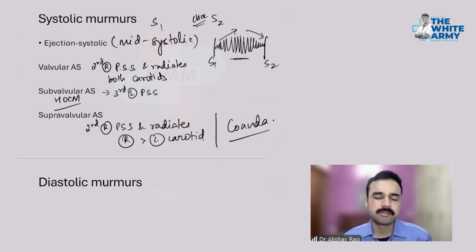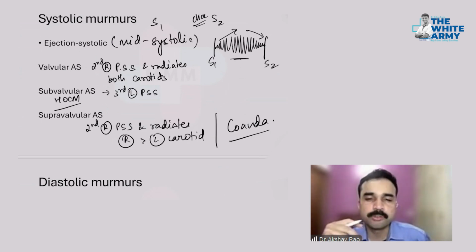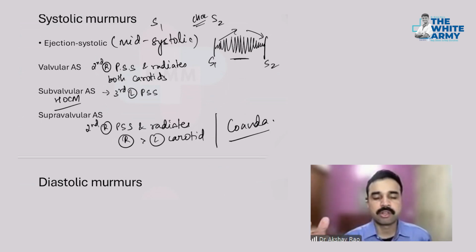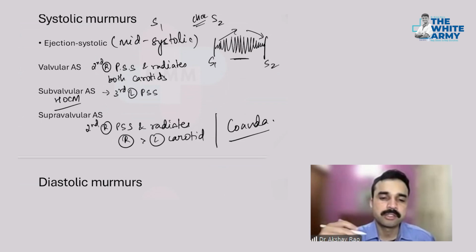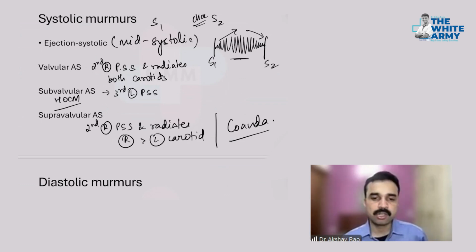It's to do with hemodynamics, rather flow dynamics. Because we're talking about blood, it's hemodynamics. But flow dynamics has this principle called Coanda phenomenon, which with supravalvular aortic stenosis, all you need to know is it will direct the blood more towards the right side than the left side. That's why the murmur will radiate more towards the right than to the left carotid.